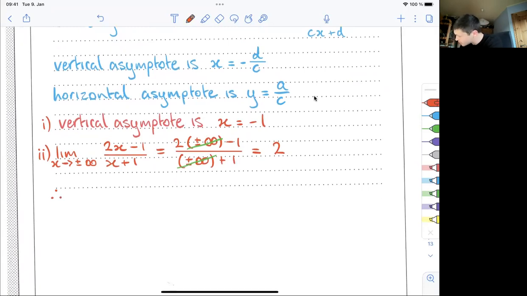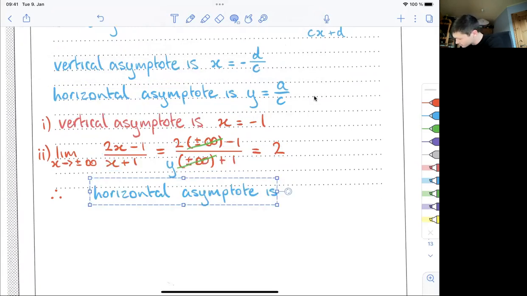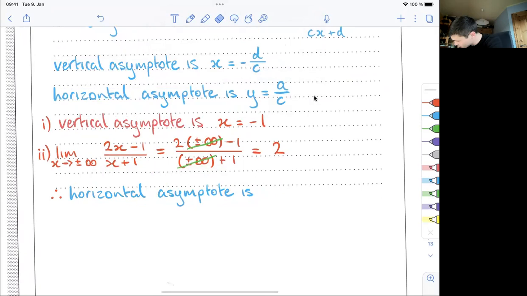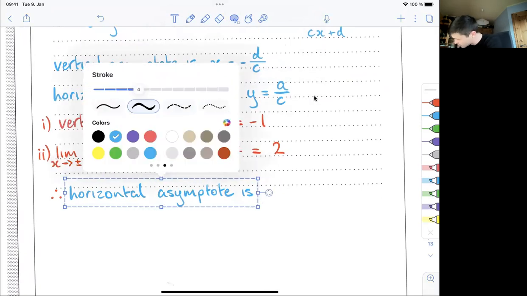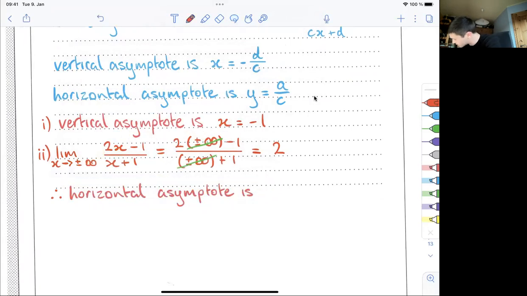Therefore, the horizontal asymptote is y is equal to 2. And so there is the answer for part A.